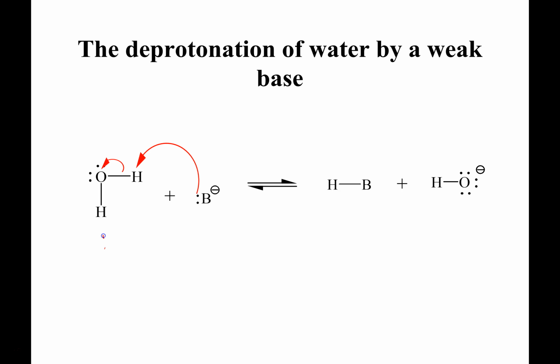So basically, this is H2O plus B minus in equilibrium, forming HB plus OH minus. That's it. So this is your weak base. And we said that actually the thing that provides the proton, a proton donor, is your acid, weak acid.